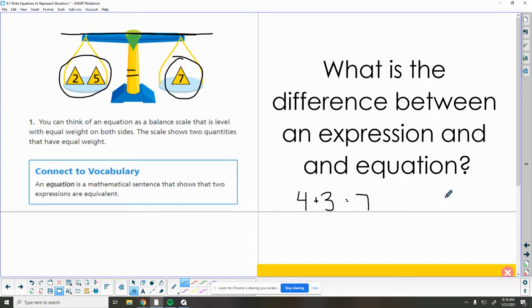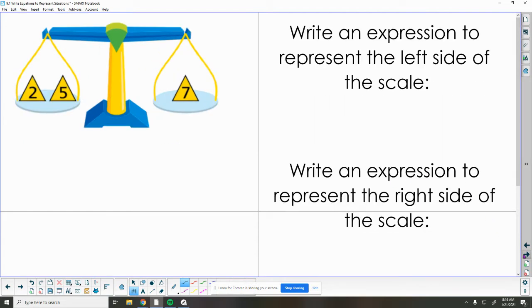Another expression is just 7. I have 7 apples. Now I can turn it into an equation by putting an equal sign. So this is an expression. This is an expression. These two expressions have the same value. So together with the equal sign, they make an equation.